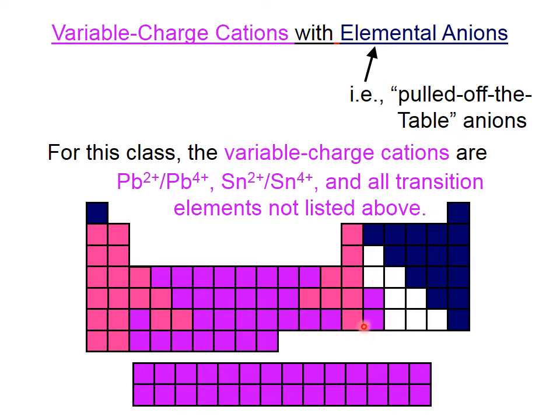Sometimes when they form cations, they lose 2 electrons, sometimes 4. And then all of these others that are in violet could lose a variable number of electrons. In other words, any of the metals that aren't fixed charge cations are variable charge cations.